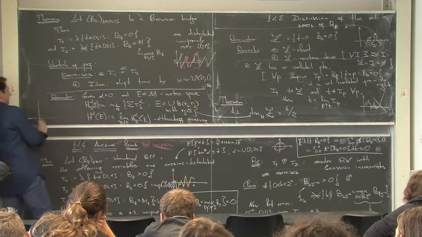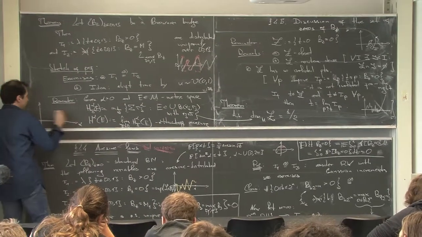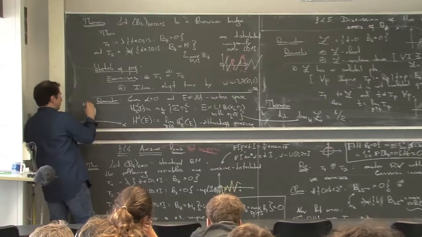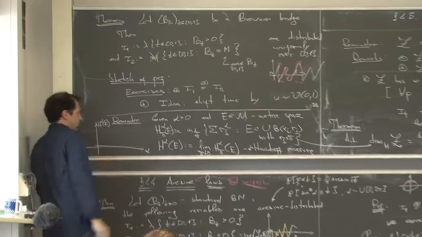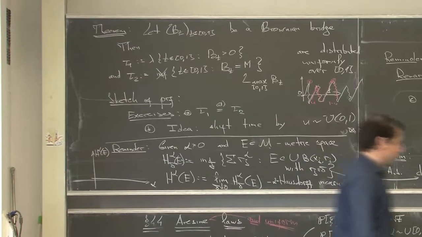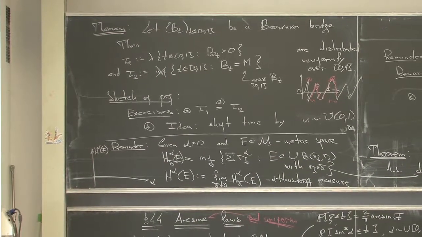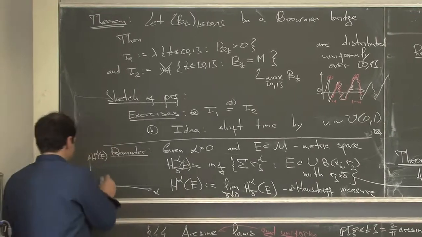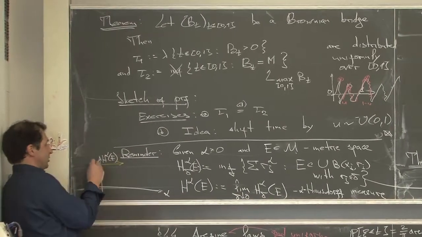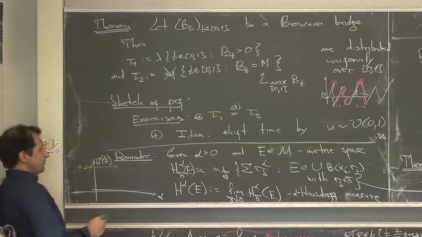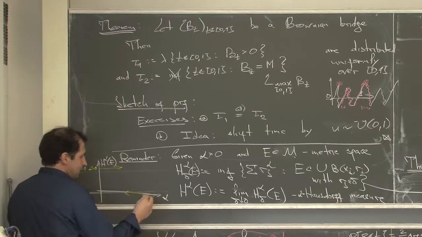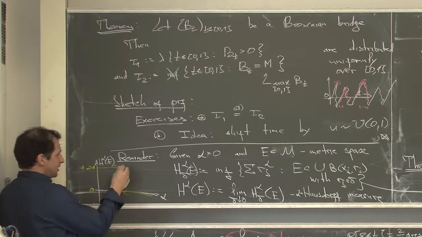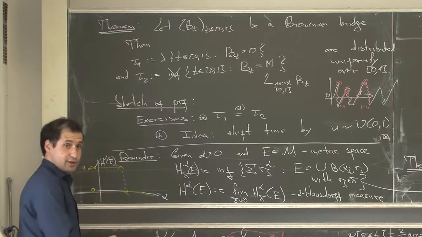And then there is a simple lemma: if you plot the dependence of H alpha on alpha, it's a rather boring plot. It is plus infinity if alpha is small, and 0 if alpha is big, with a sharp threshold.